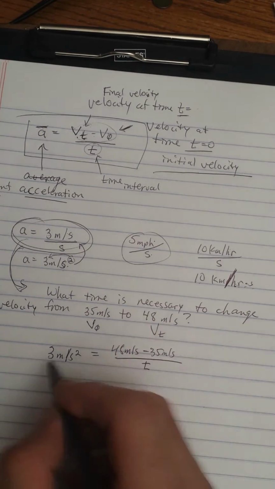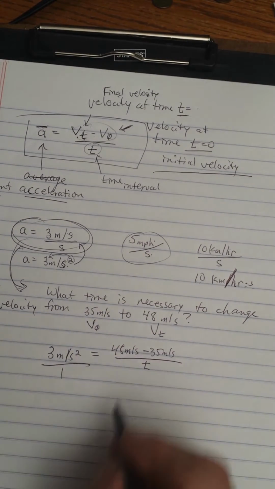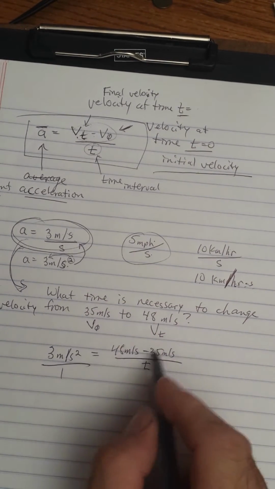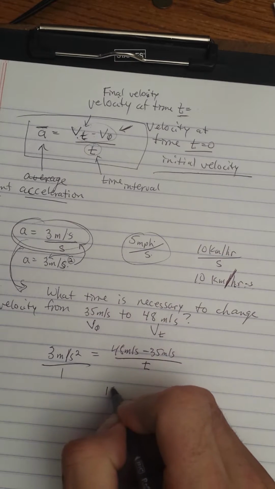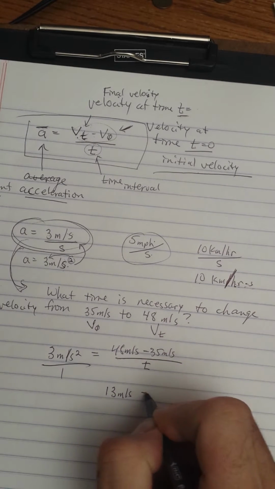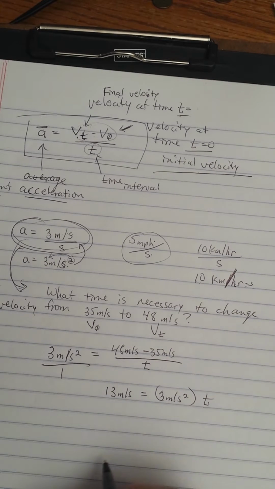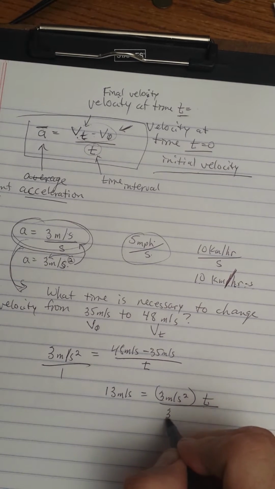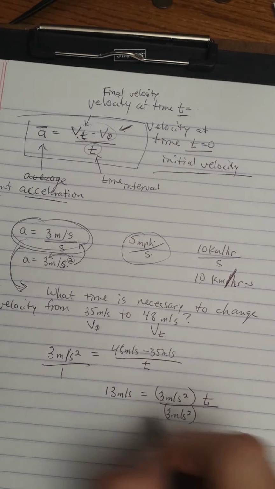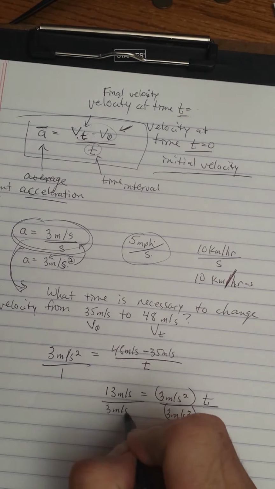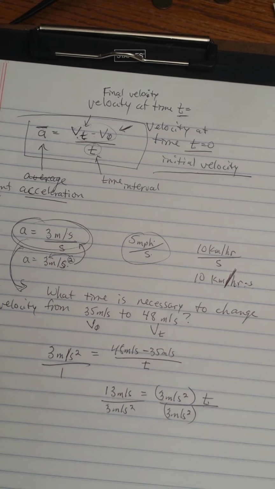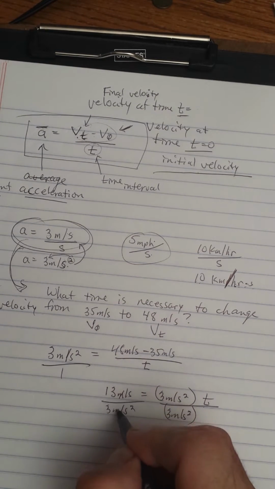And like the last problem, when we have a fraction, we'll actually put a fraction on both sides, and we'll cross multiply. 48 minus 35 is 13 meters per second, equals 3 meters per second squared, times t. Do the algebra. And once again, we have a situation where the meters are going to cancel.